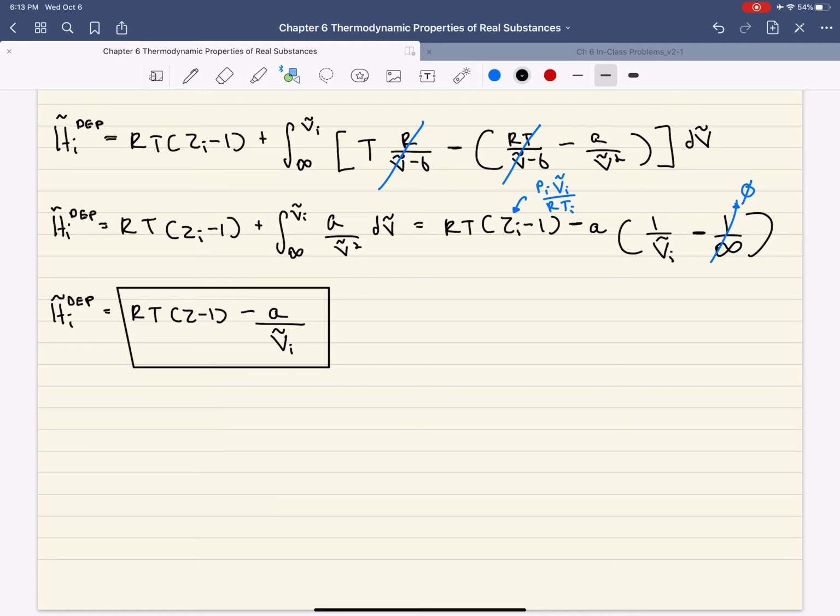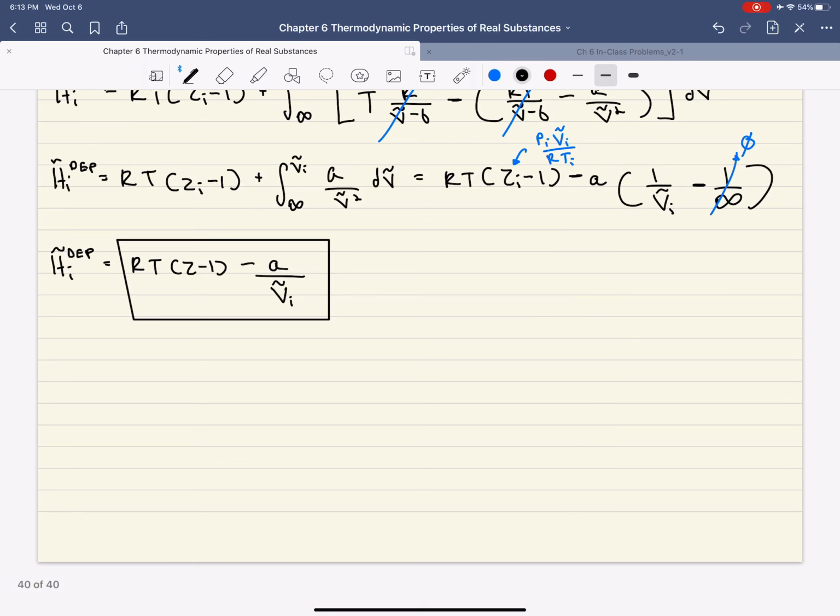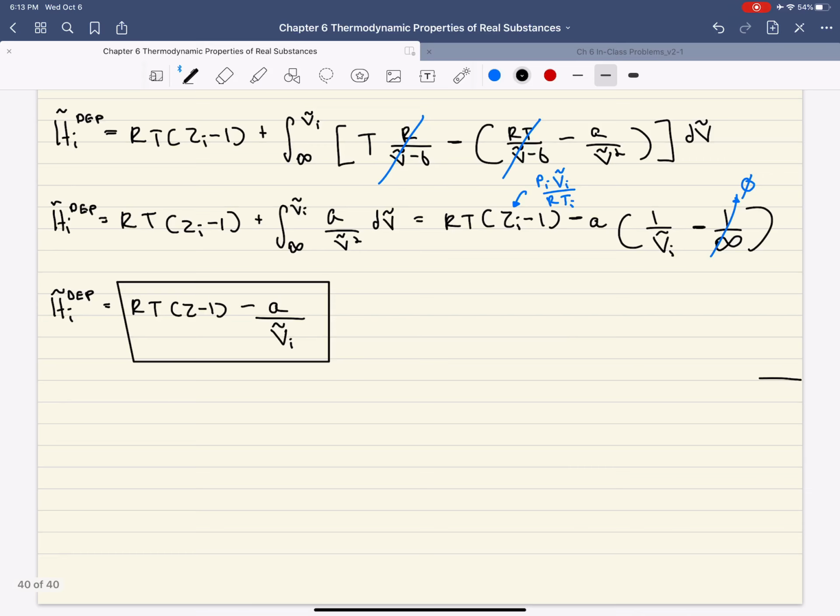Okay. All right, so now that we have a functional form for the departure function, let's attempt to actually plug in some values. But there is at least another roadblock that we need to overcome.